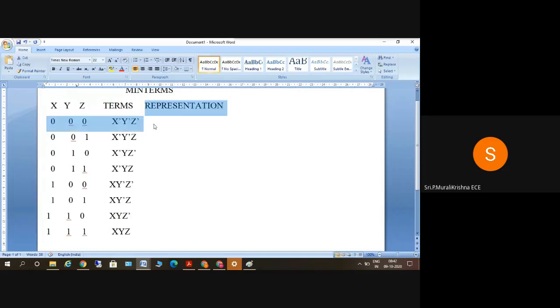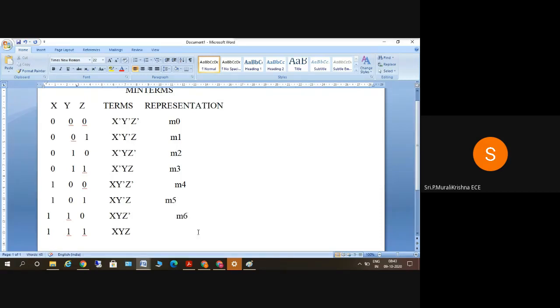And how do we represent these Minterms here? It is small m naught. In a similar way, m1, here it is m2, m3, m4, m5.